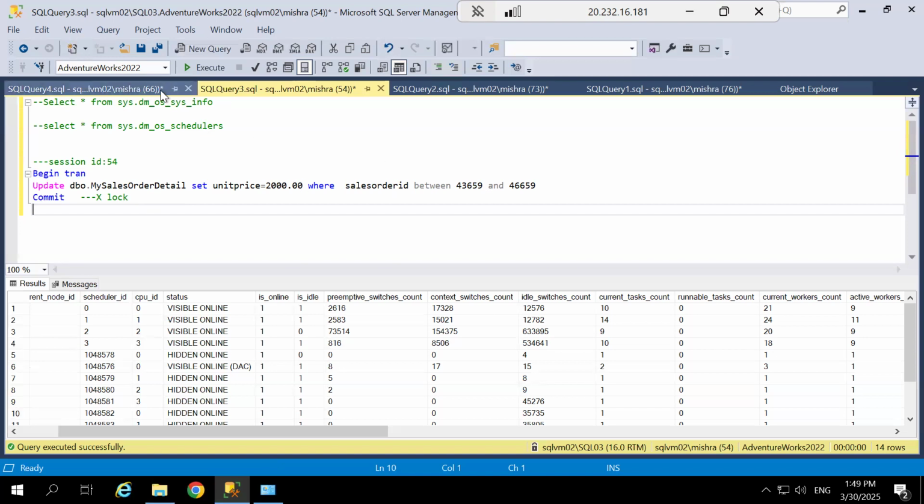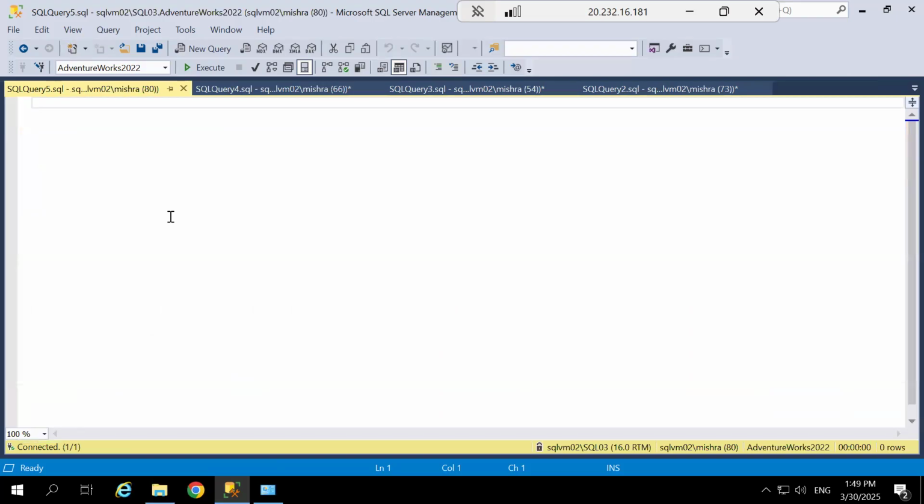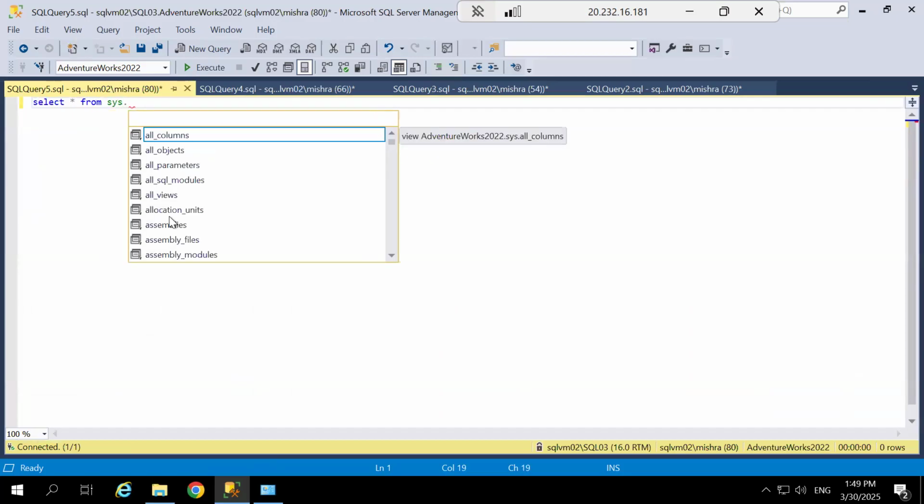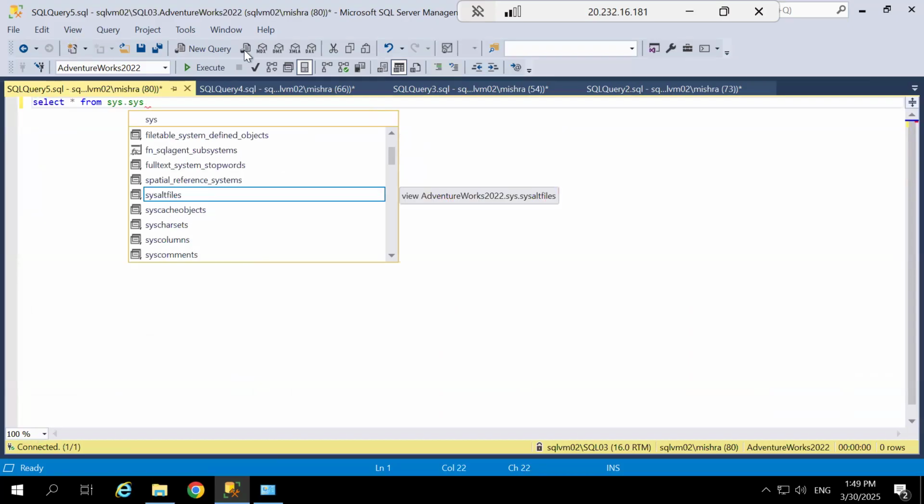This is copied. So we have to check for the state. Select star from sys.processes, the very fundamental.